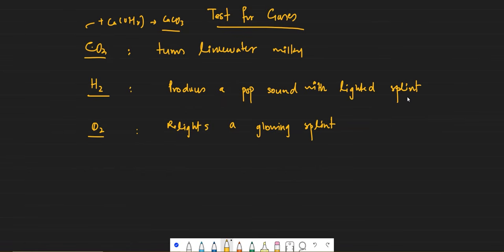What is a lighted splint? It means a lit matchstick. Splint means matchstick, something that is burning. Okay, that's the lighted splint. And for O2, the test would be you will use a glowing splint, and the observation would be the glowing splint would be relighted.